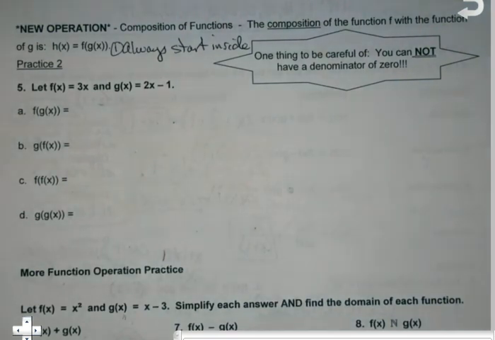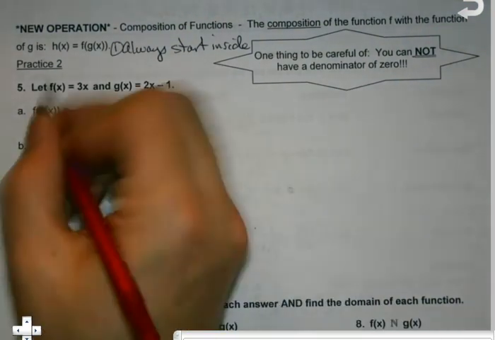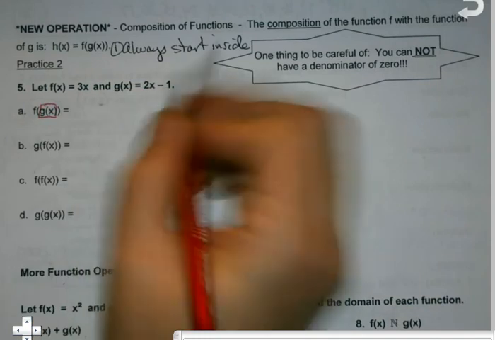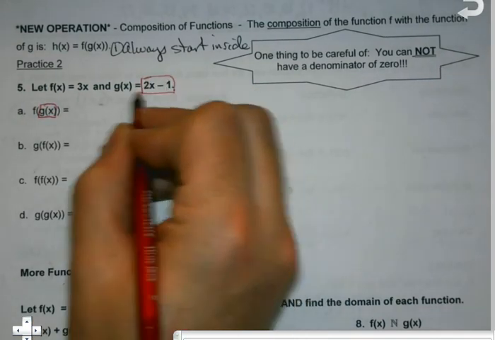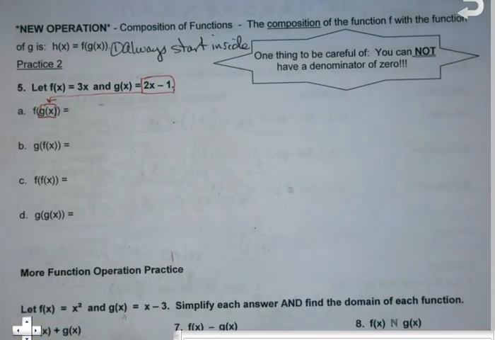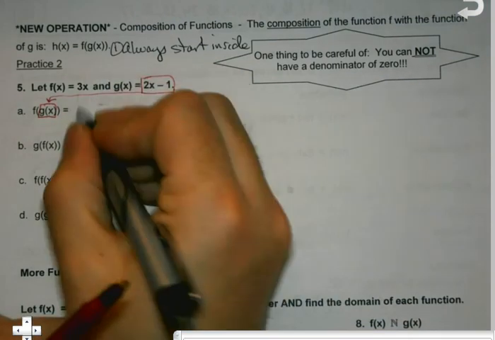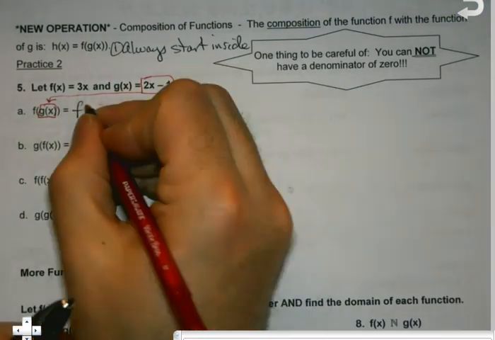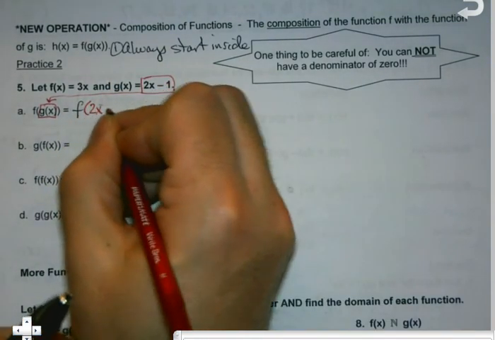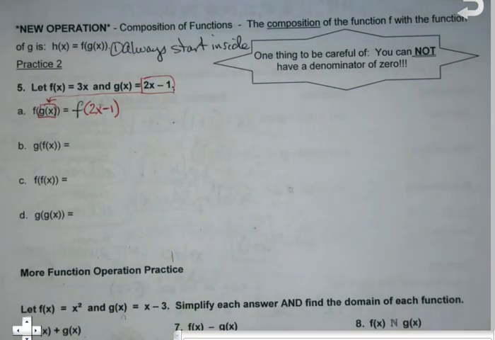And here's how it works. I'm going to take this g of x, and I'm going to substitute its actual value, 2x minus 1 in. So here's what it'll look like for our first step. G of x gets replaced with its value, inside out, all the time. Once I get here, I'm going to substitute again.